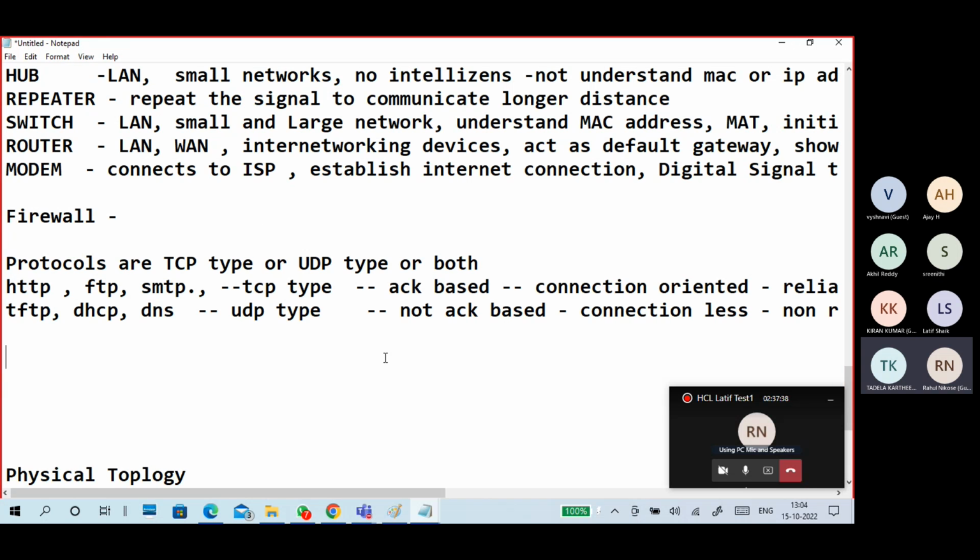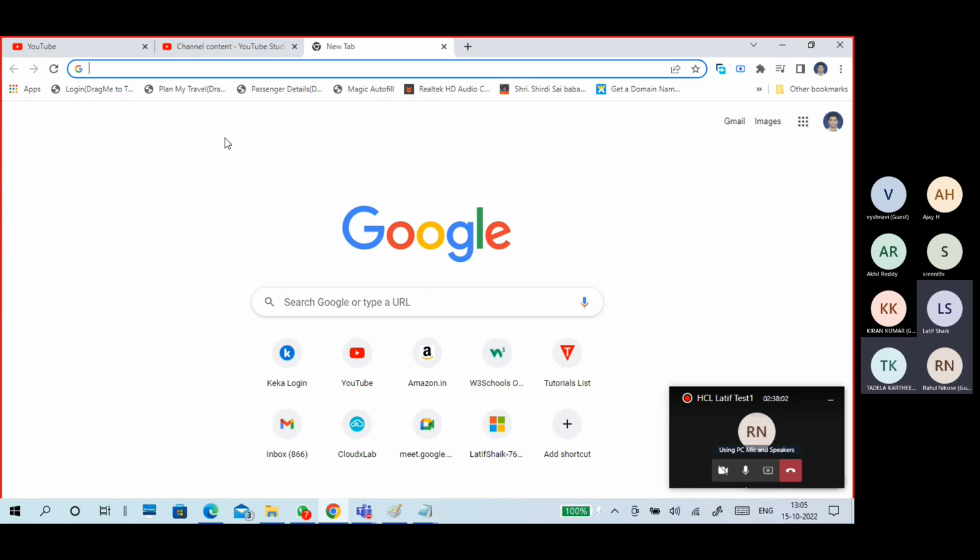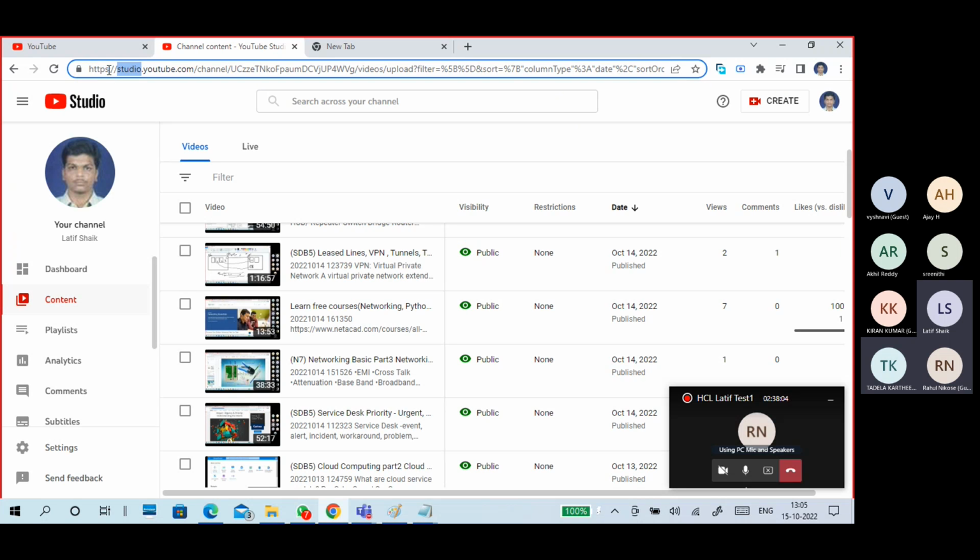Guys, again, do not think TCP means a wired connection and UDP means a Wi-Fi connection. No, it is wrong. Even I have seen some people say connection oriented and connectionless is a wired and wireless example. Completely wrong, guys. Because I'm connected to wireless, still I'm using the HTTP or HTTPS protocol.